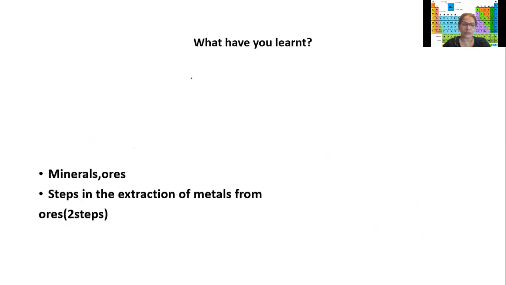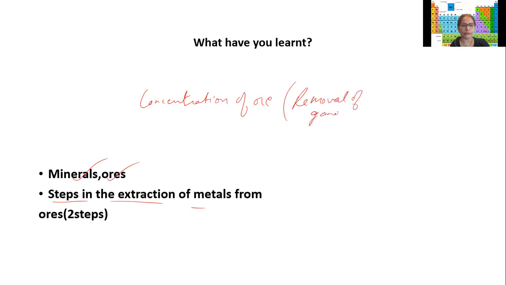So what have you learned till now? We have learned about minerals. We have learned about ores, the difference between minerals and ores. Then we have done the steps in the extraction of metals. We have done 2 steps. There are 4 steps. We have done concentration of the ore, that means removal of gangue.